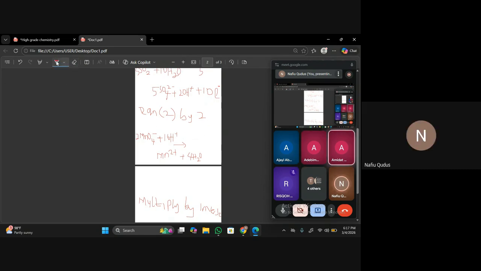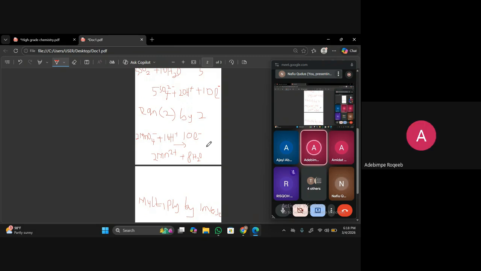So we have 5 there before. 5 times 2, that's 10 e minus. This one becomes 2, while the other one will become 10. We have 8. That shows that we balance it with electrons.